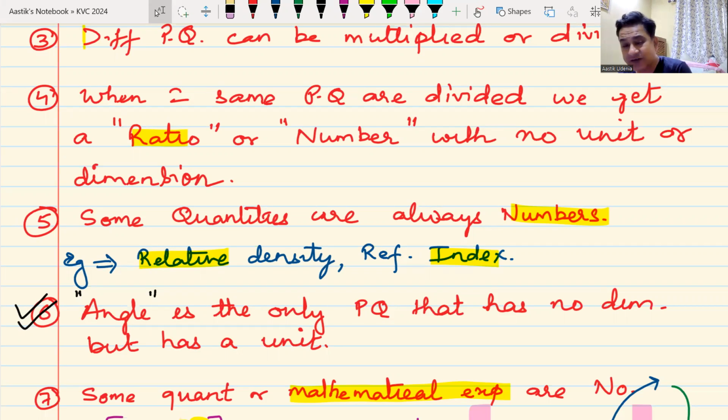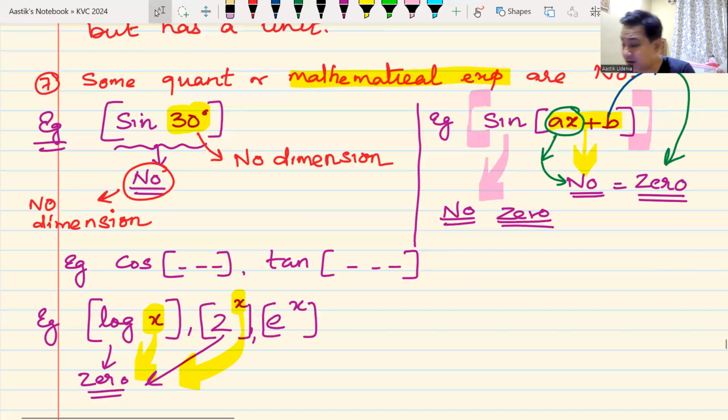Some quantities are always numbers. Angle is the only quantity which has no dimension, it has a unit. Some quantities are mathematical expressions and they are numbers. If you can remember these points, you would be requiring more than one of them to solve this question.